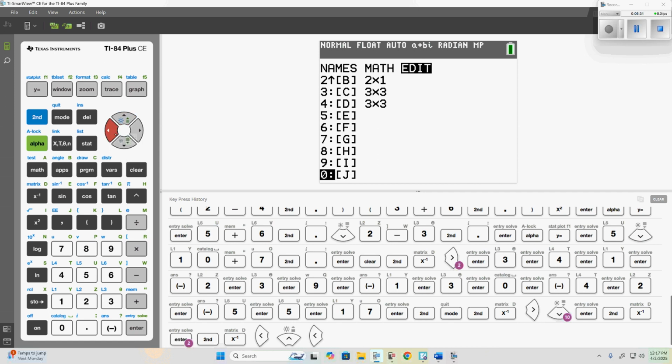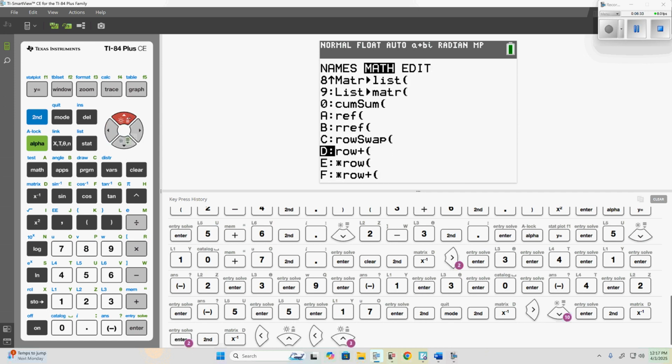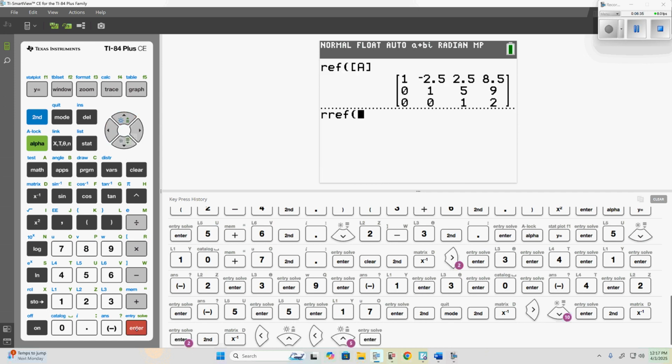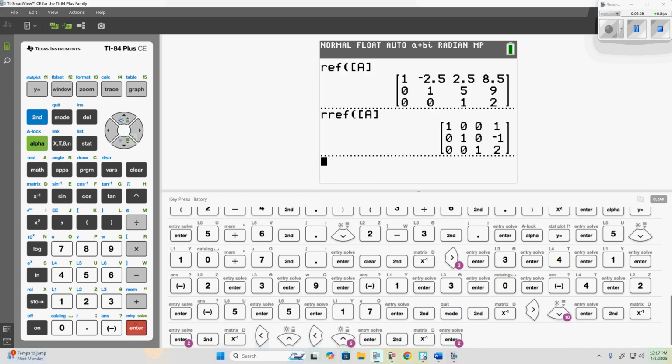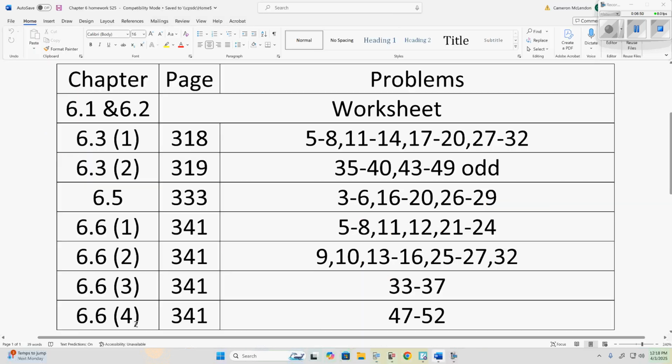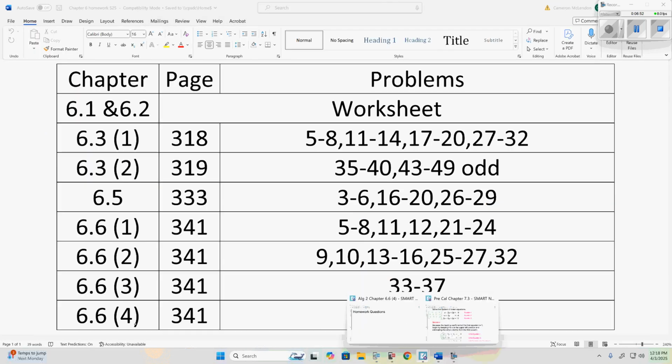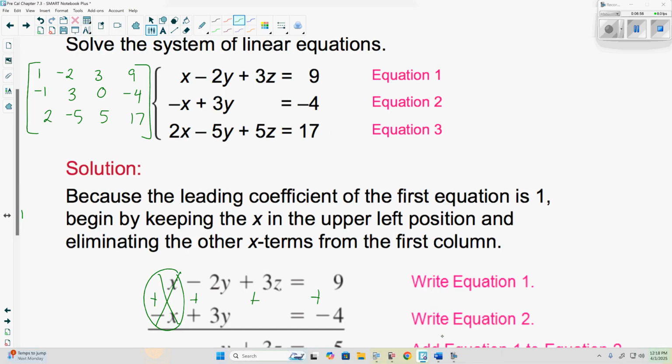Although, if we go back over to math and go to RREF, second matrix A, this here gives it in a little better form, because it tells us what x, y, z is. x is the top, y is the middle, z is the bottom. So RREF gives us the final answer.